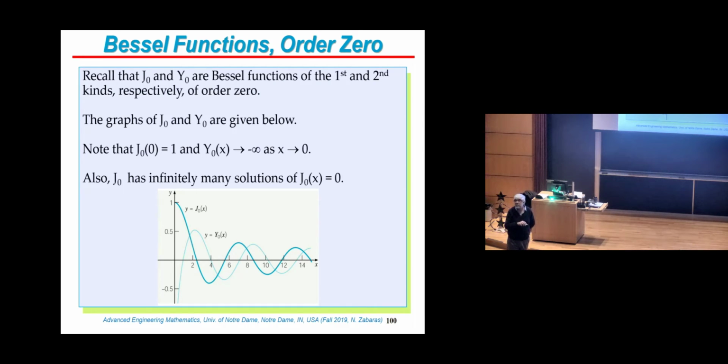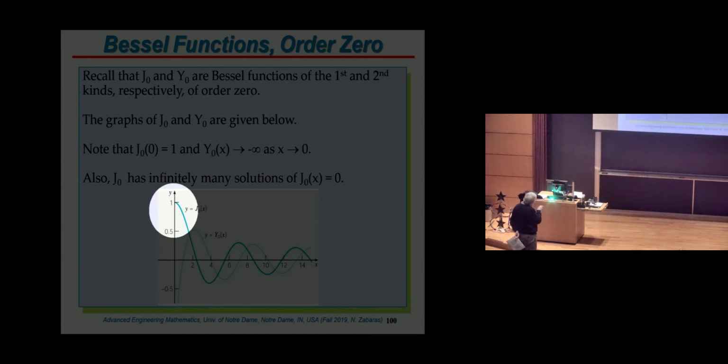What do I need to have for C1 and C2? If one blows up to infinity, how do I combine them for the solution to be bounded? C2 equal to 0. All right, so you're going to have C2 equal to 0. So by saying bounded at x equals 0, the overall solution will be some constant times J0 of x.